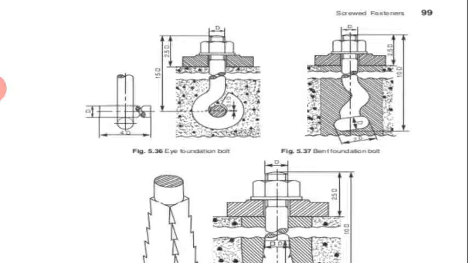Remember, the remaining part of that eye foundation bolt is merged inside the foundation or concrete. Now from that 25D height, mark a line perpendicular to the reference line up to a distance of 15D.